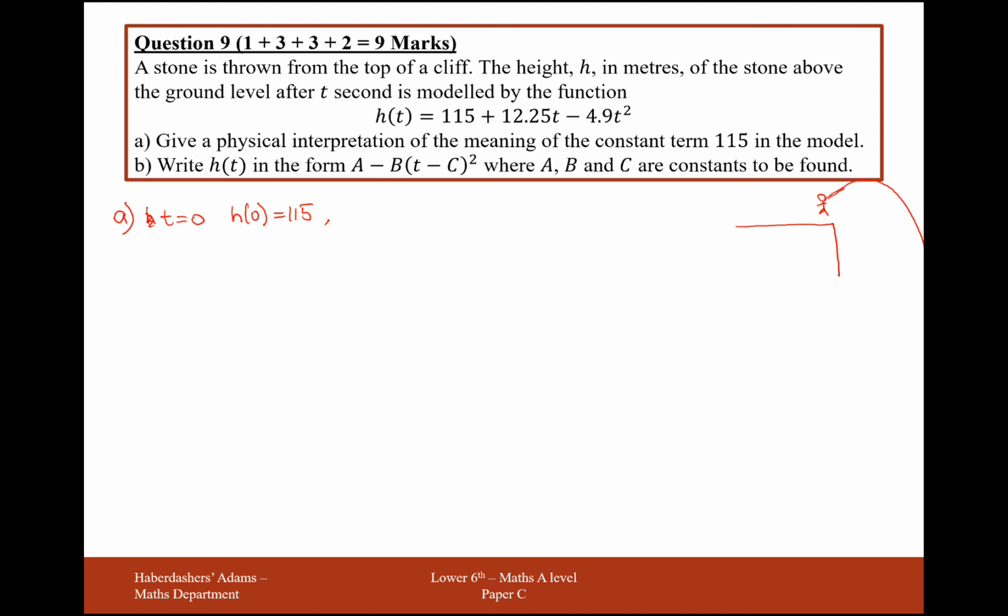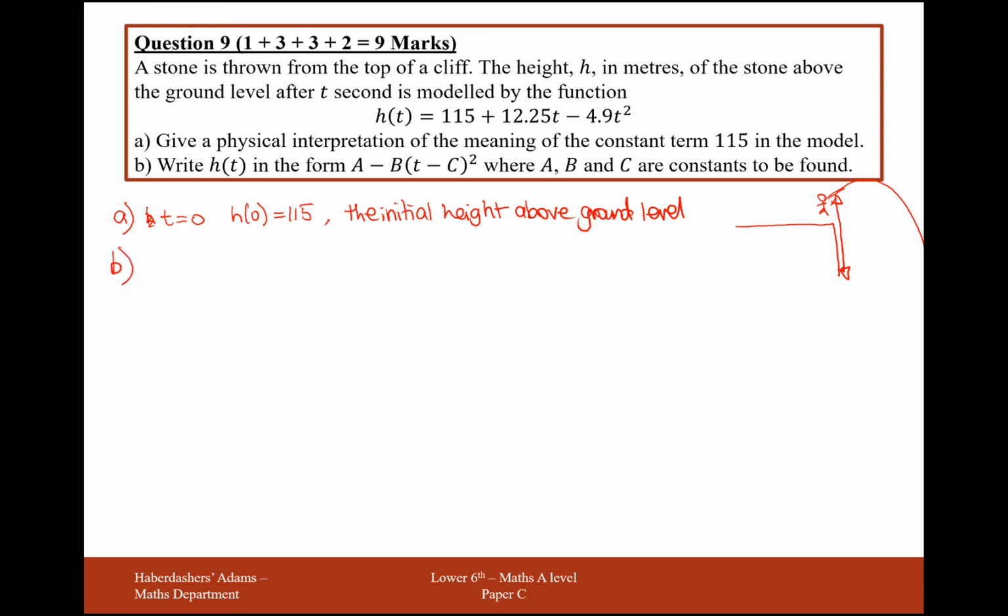So the interpretation of 115 is this is the initial height above ground level. So in terms of what a real life model would put this at, it would be the height of the cliff plus the height of the person who's throwing the stone, or from where their arm is from where they release the stone. Okay.